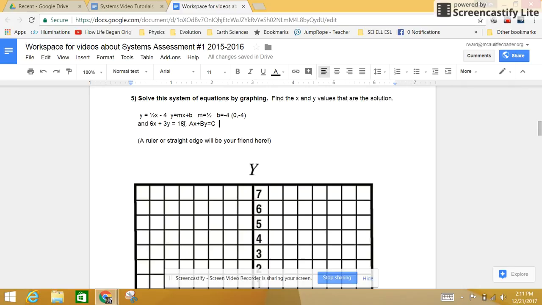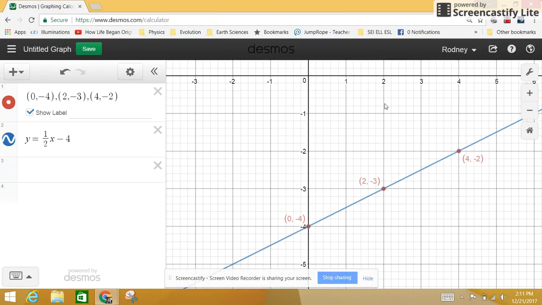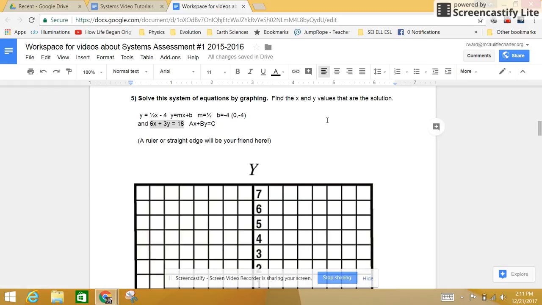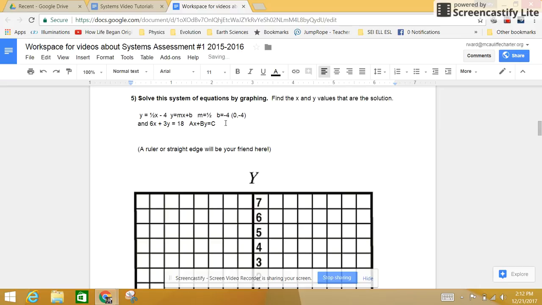To find an x-intercept, you need to find the place where y is 0. And everywhere on the x-axis, y equals 0. So a way to work this out is to just replace y with 0 and solve for x. So I'm going to copy that. I'm going to do this and replace y with 0. And when I do that, 3 times 0 is nothing, so I am left with 6x equals 18.